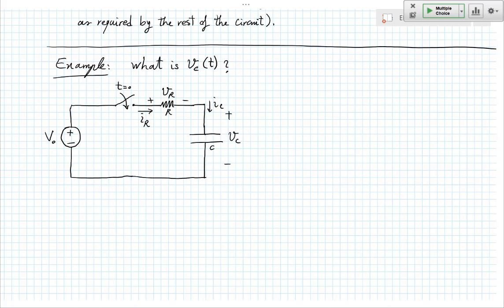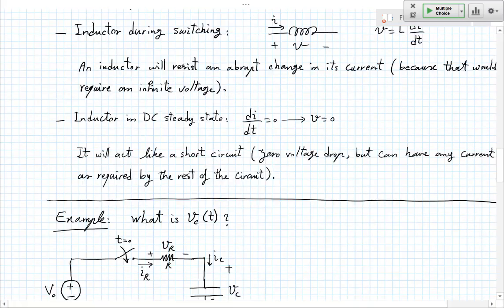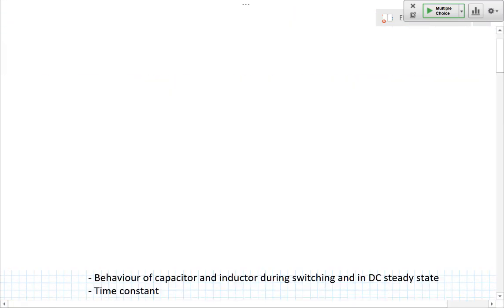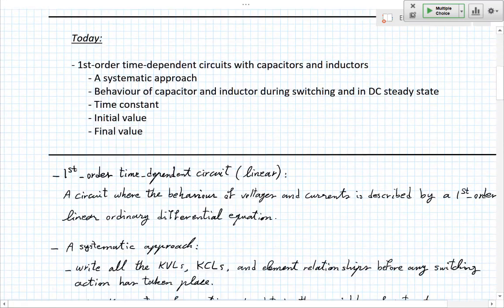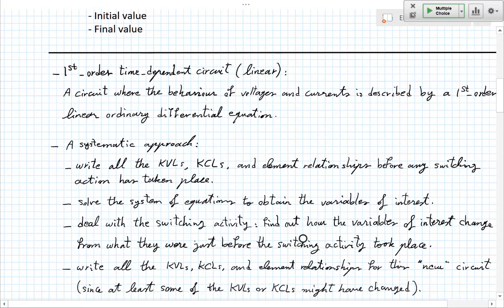So let's try to apply the set of guidelines, or steps rather, that we came up with here. First of all, number one, we are trying to understand the circuit before any switching action took place.